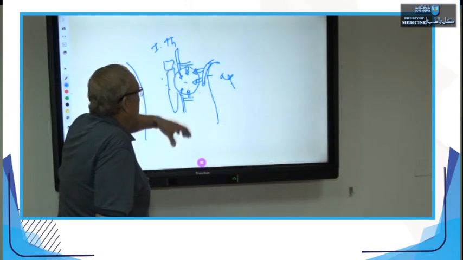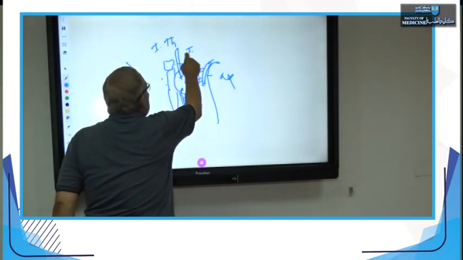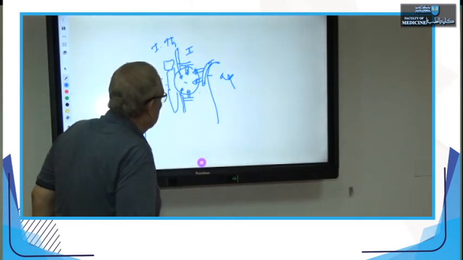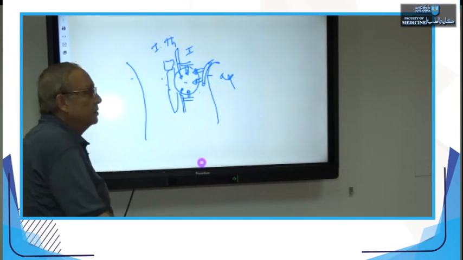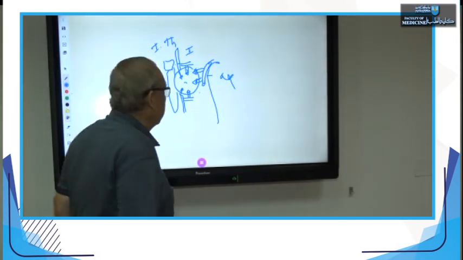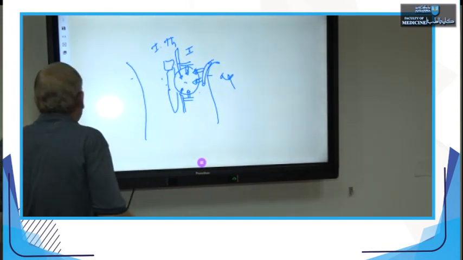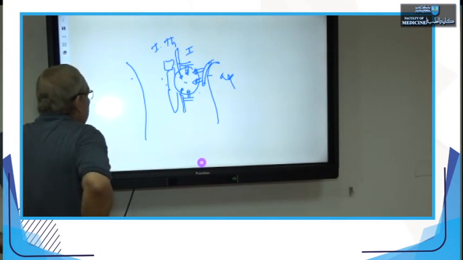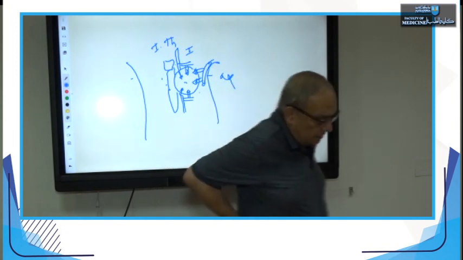And in the middle, there will be the branches of the internal thoracic artery, the anterior intercostal arteries. And the veins correspond to the arteries. They have the same name and the same termination. Now this finishes with the blood supply of the breast. We finished with the base of the breast.